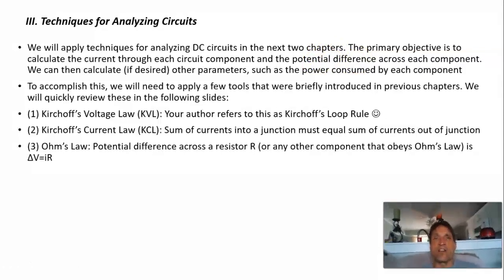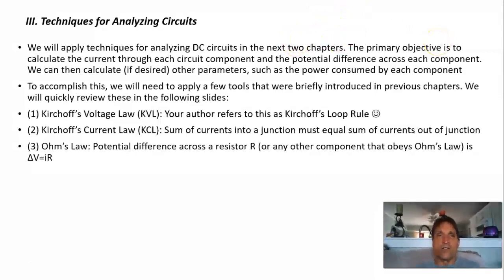So we need a couple of techniques to be able to do that, and we've already introduced these briefly in the previous chapters. The first technique that we've learned is what's called Kirchhoff's loop rule. We're going to go over these in the next few slides again, so don't worry if you forgot them. Kirchhoff's voltage law, or Kirchhoff's loop law, says that the sum of the potential differences around a loop is always zero.